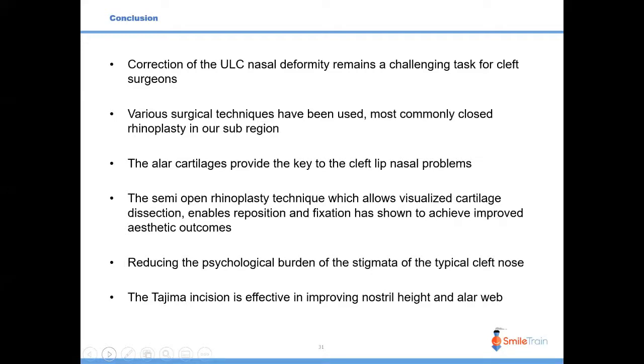Incorporation of the Tajima incision enables you to correct the alar web which occurs and also increase the columellar height.